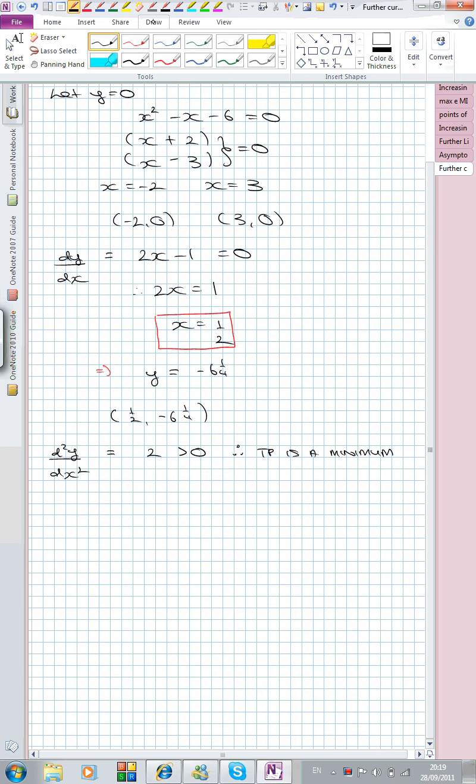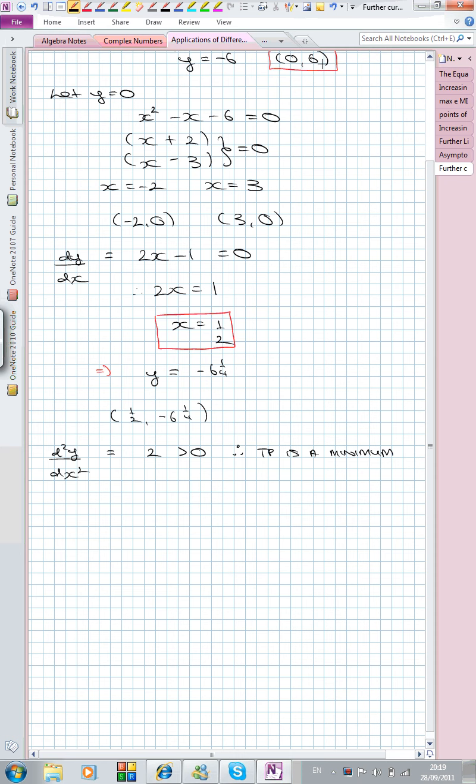So let's draw our x and y axes. Make sure your intervals are all the same on the x-axis and they're all the same on the y-axis.